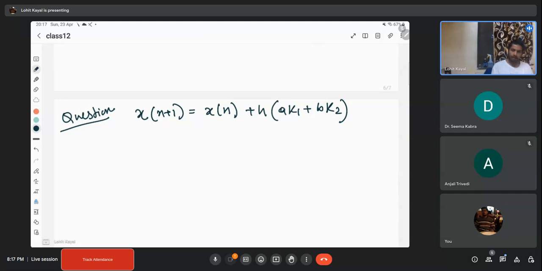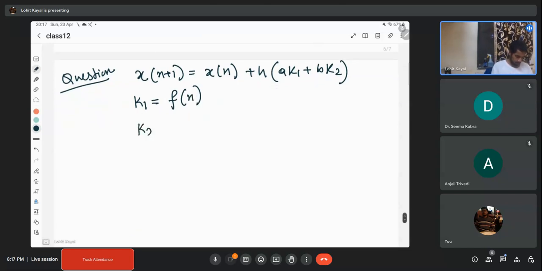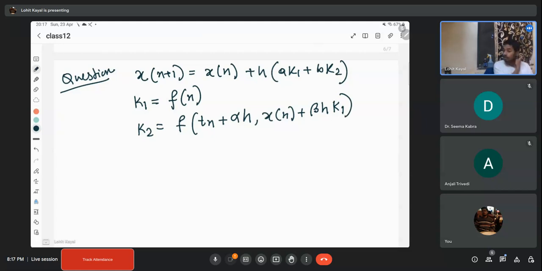Now k1 and k2 are provided: k1 equals f_n, and k2 equals f of t_n plus alpha h, x_n plus beta h k1. Now you need to find the values of a, b, alpha, beta, or some combinations.